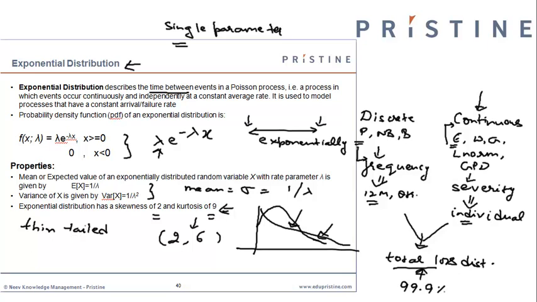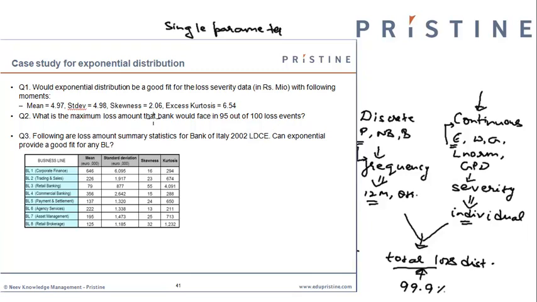Now we will look at a small caselet on exponential distribution. Say we fit exponential distribution to a particular loss severity data, and we find that the following are the moments of the underlying data. Mean is equal to 4.97, standard deviation is equal to 4.98, skewness equal to 2, and kurtosis equal to 9.54, that is an excess kurtosis above the normal distribution equal to 9.54 minus 3 is equal to 6.54, because we know that the kurtosis of normal distribution is 3.